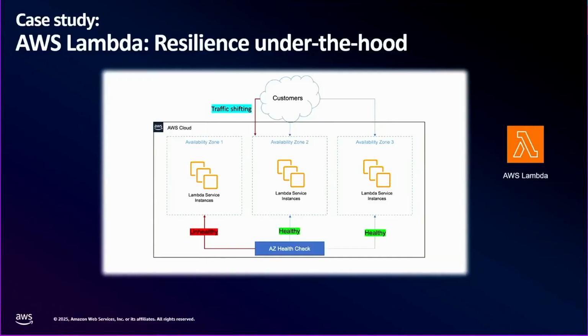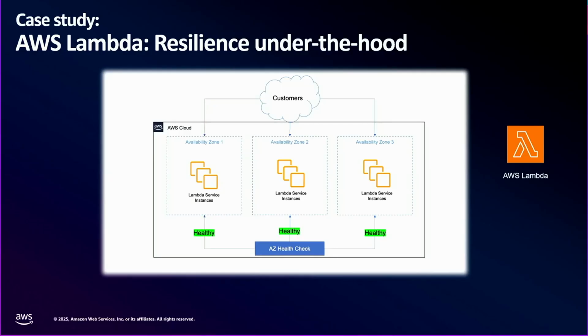A good example of this implementation is Lambda. As a regional service, Lambda actually underneath uses EC2, right? There are about 80 plus microservices that run Lambda and make Lambda work for you for invocations. But Lambda has also implemented static stability such that they have health checks running, looking at the health of each of the availability zones they run in.